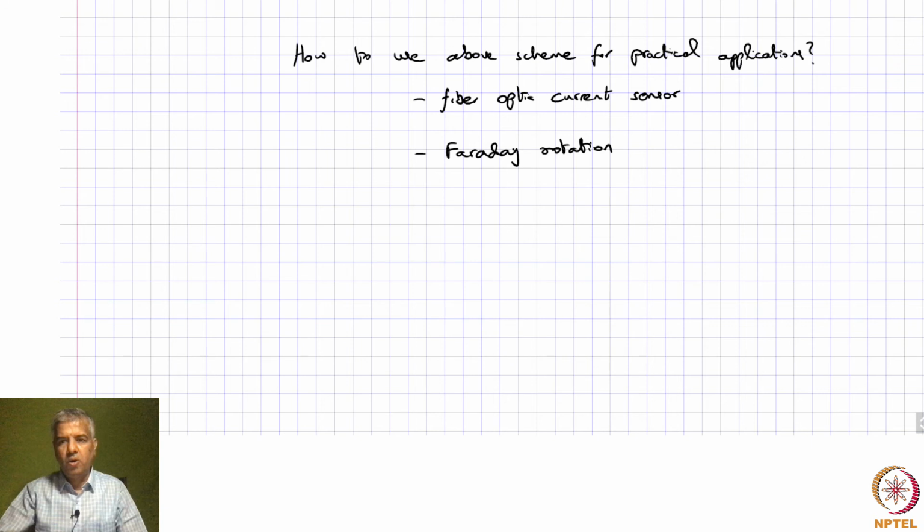So what is the Faraday effect? If you go through certain materials which are subjected to a magnetic field oriented along their axis, and you come in with light, let's say vertically polarized light, right?